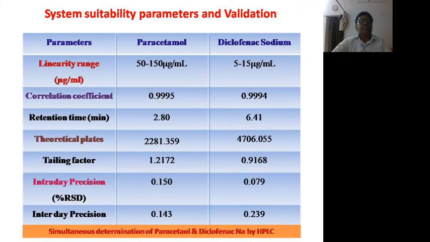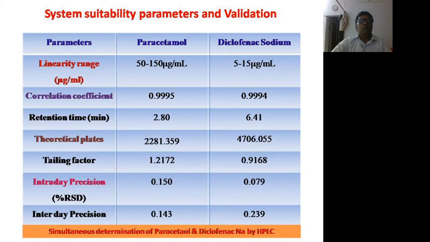You can see this slide. In this slide are the system suitability parameters for the better separation of the method: linearity range, correlation coefficient, retention time, theoretical plates, tailing factor, intraday precision and interday precision.